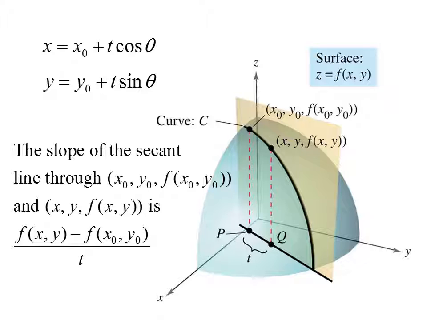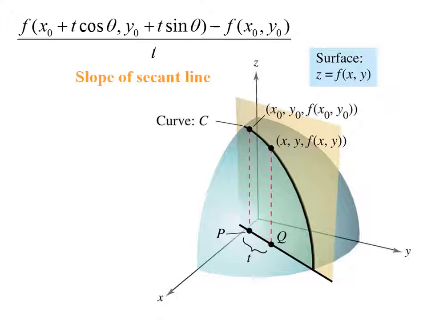Now here is the slope of the secant line between those 2 points. We're going to plug in for f of x, y and f of x naught, y naught what we just found. So here's the f of x, y and here's the f of x naught, y naught.